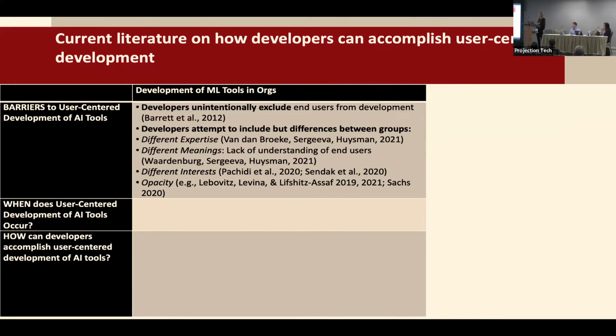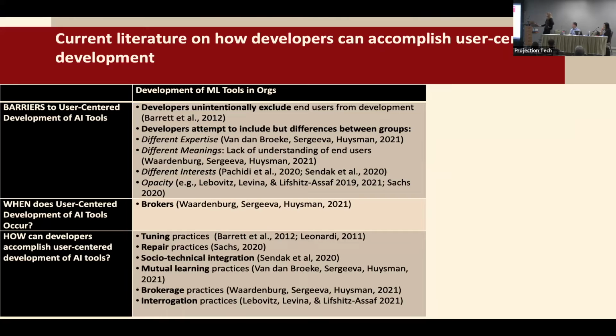Also, these tools are opaque. When does engagement occur? One way it occurs is if there are brokers between the developers and the end users. And how does it occur? Through this back and forth tuning process, through repair, mutual learning, brokerage, interrogation. So that's recent studies on how we might see user-centered development.